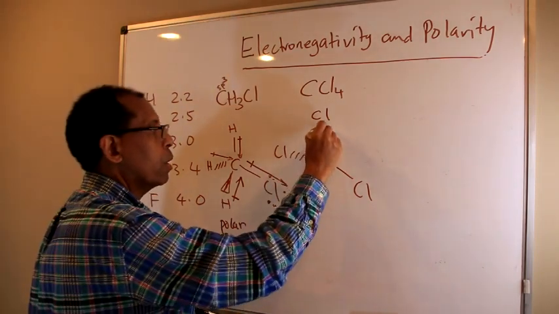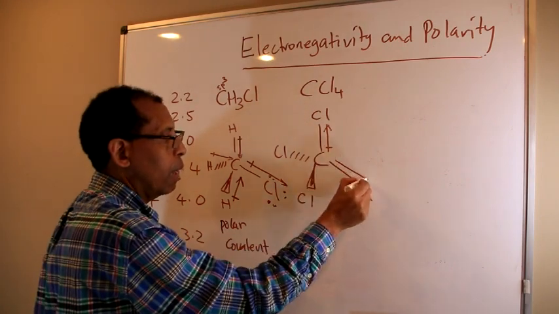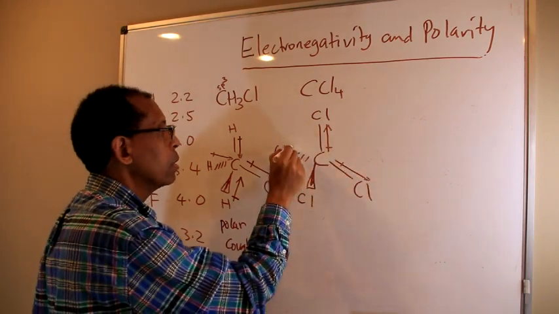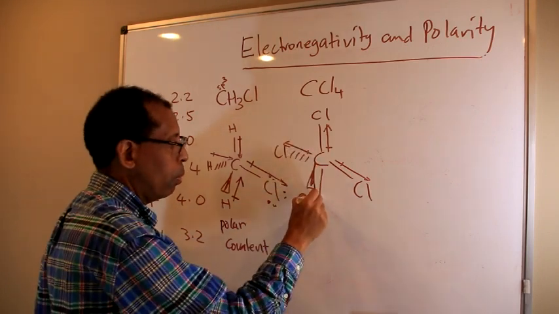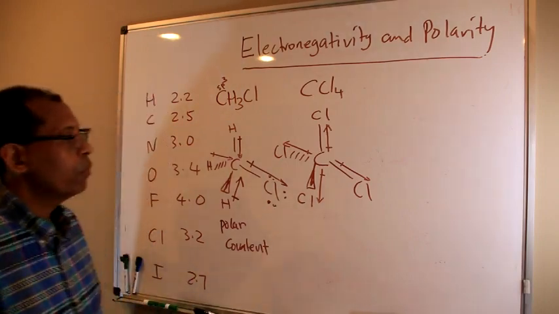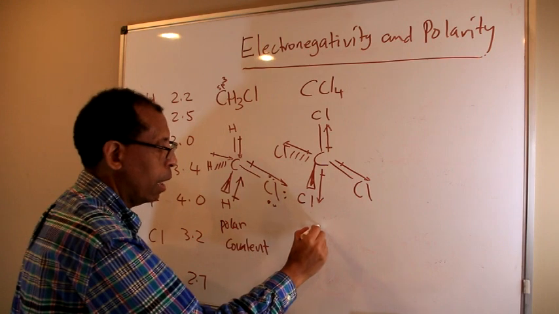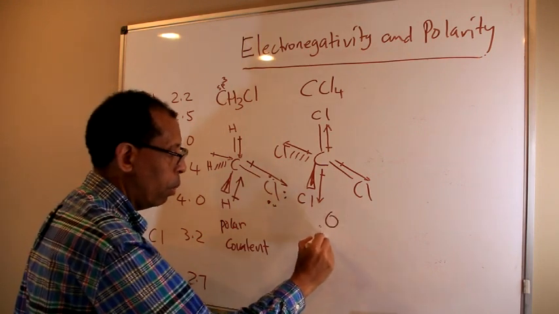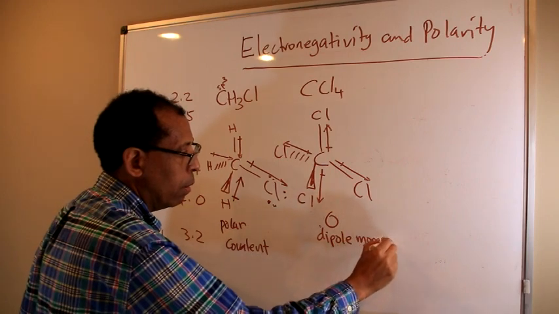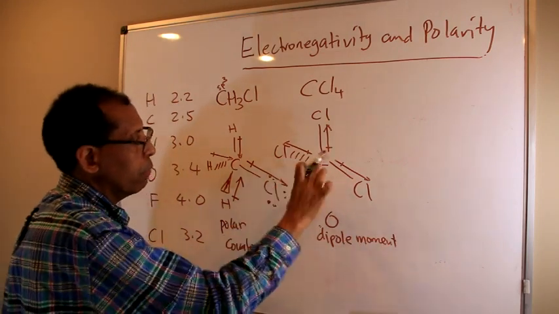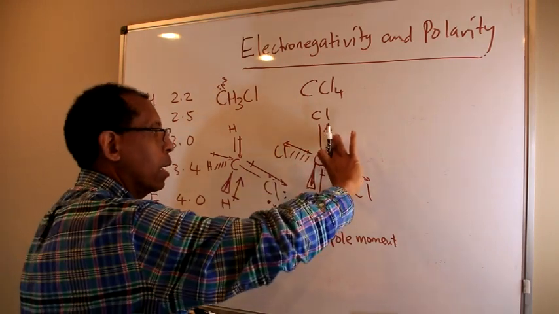So if you just look at this, there is a dipole moment, obviously, away, this way, and all of these. If you just look at this, all of the dipole moments cancel out and the net dipole moment is zero, because they are pointing in opposite directions. This cancels out, and this cancels out.